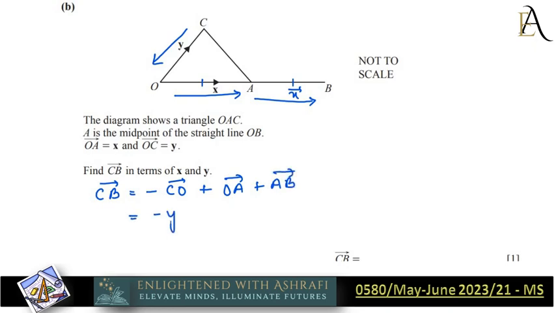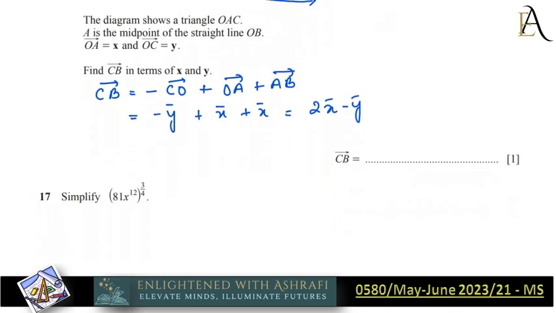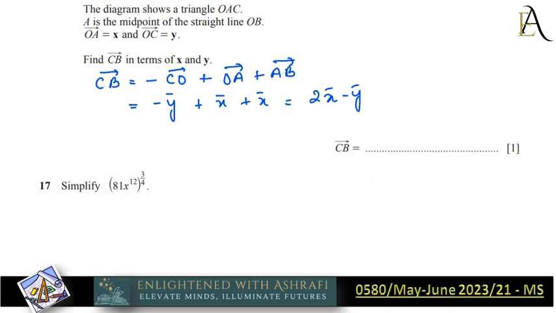This is going to be minus Y plus X plus X, which gives us 2X minus Y. So our final answer is 2X minus Y.